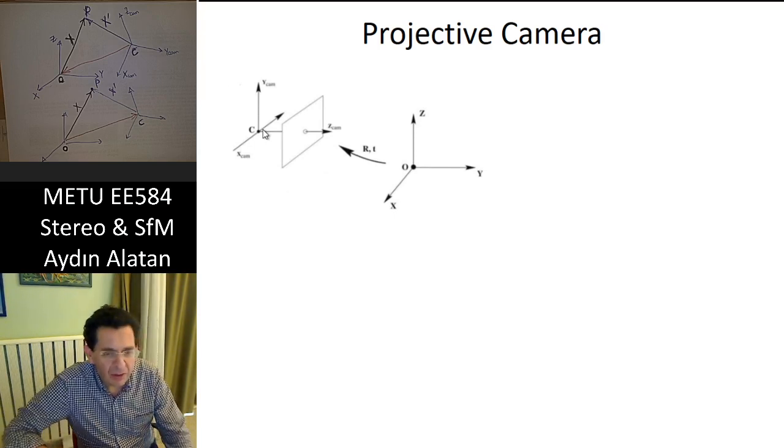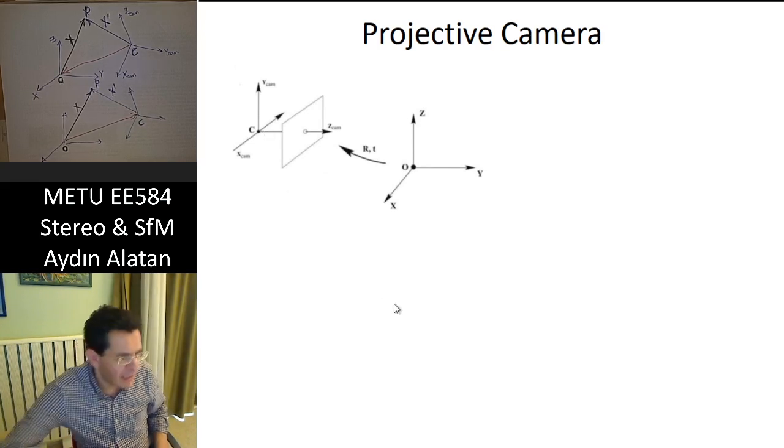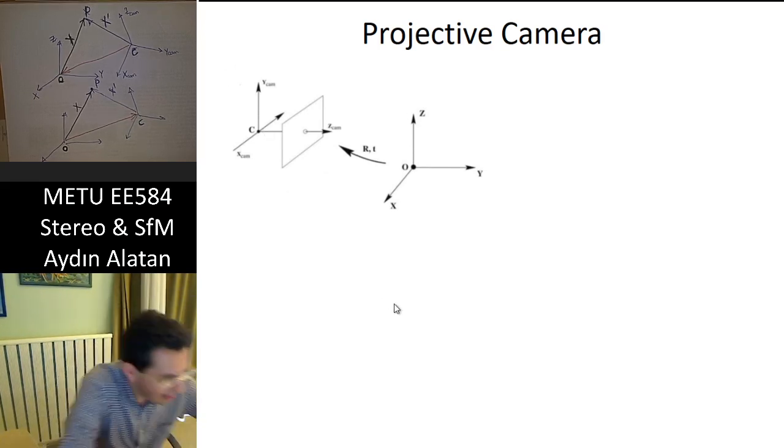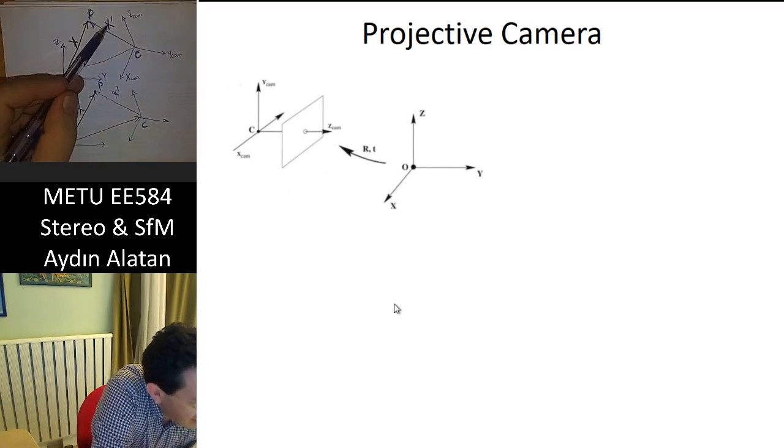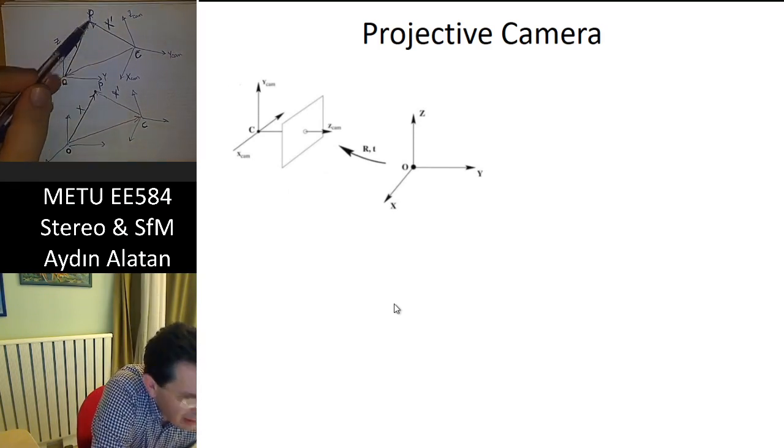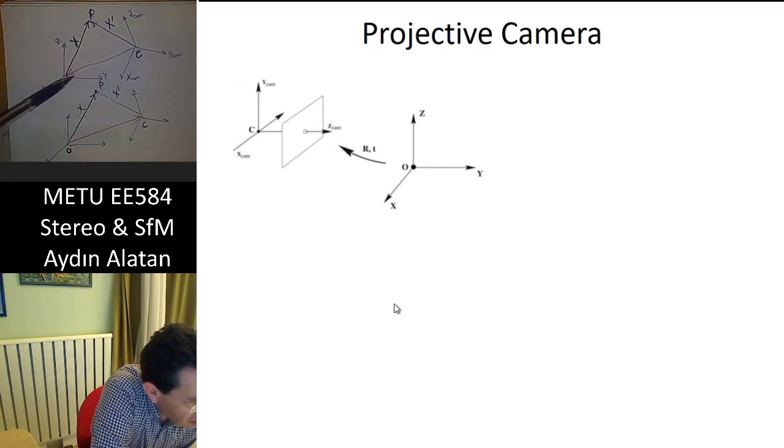But I would like to remind a few things at this point. Let me start with explaining something here. Okay, now let's assume we have this case. We have x prime and x, a point P, with two different coordinate systems. C denotes the origin of the camera coordinates, and O is the origin of the world.